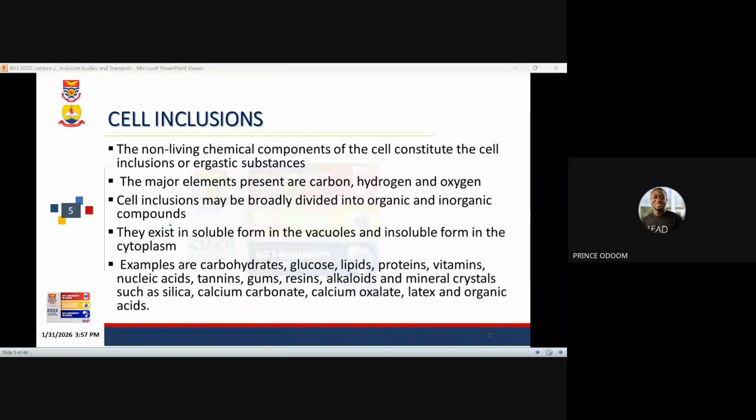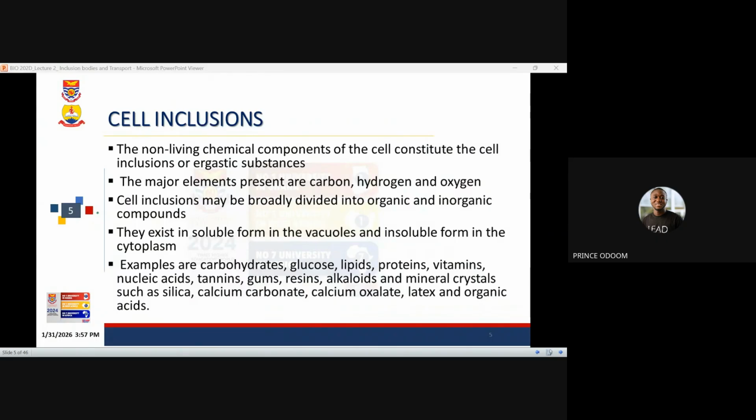Cell inclusions may be broadly divided into both organic and inorganic components. So there are some substances that are organic and some that are inorganic, and all these form part of the cell. Then we'll look at them one by one.